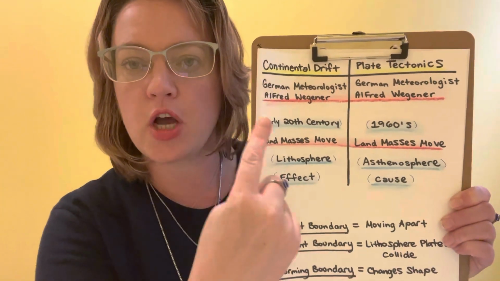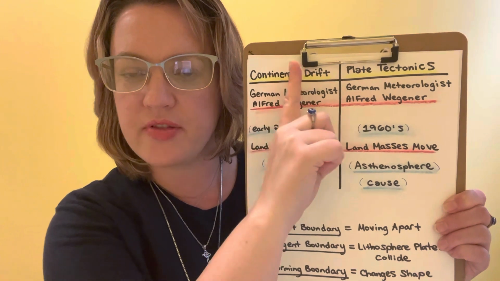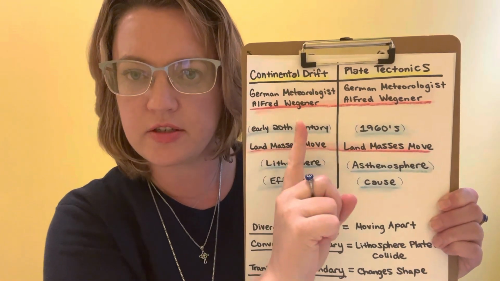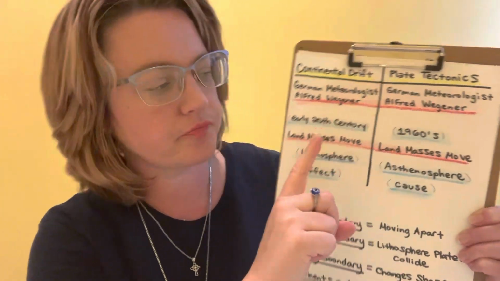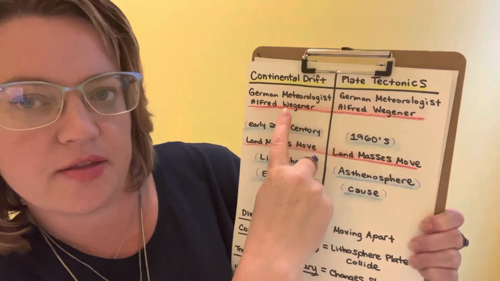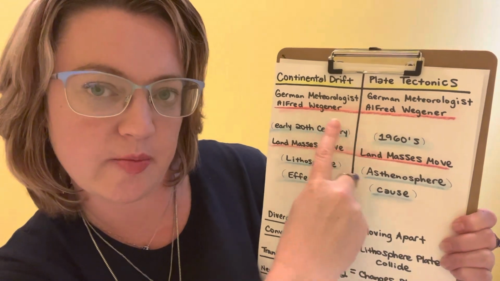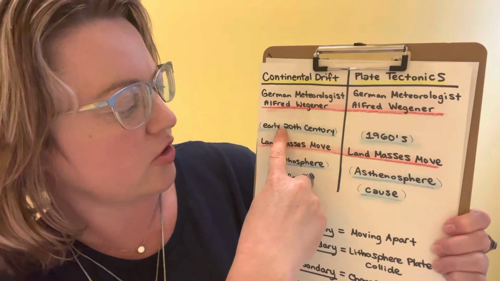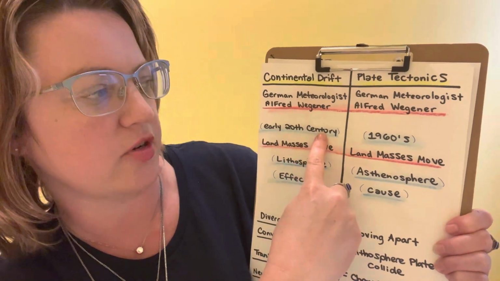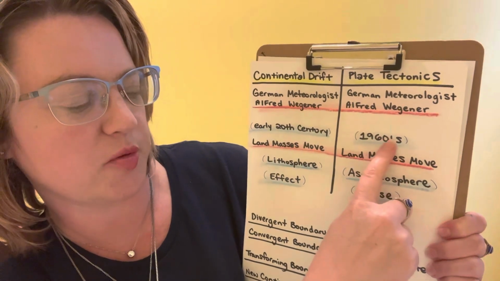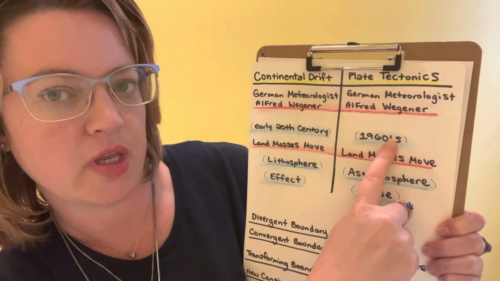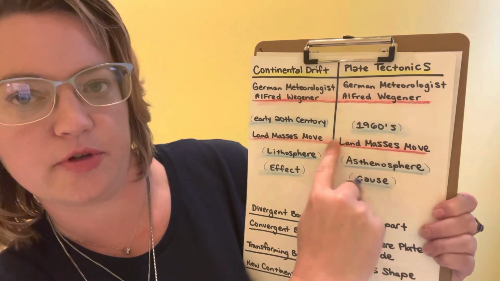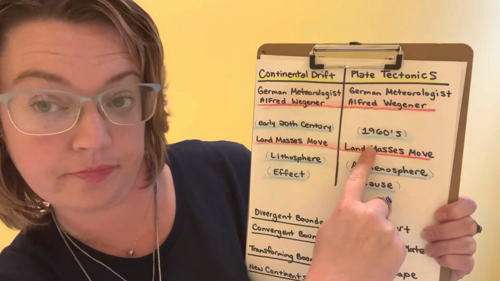Okay, so the similarities and the differences that I have compared here, continental drift and plate tectonics. The similarities are that they are both associated with the German meteorologist Alfred Wegener. The differences are that continental drift was proposed in the early 20th century and plate tectonics was proposed in the 1960s. The similarity is that land masses move in both theories.